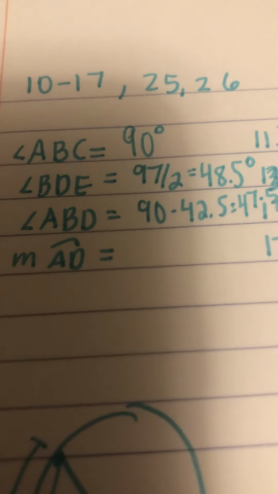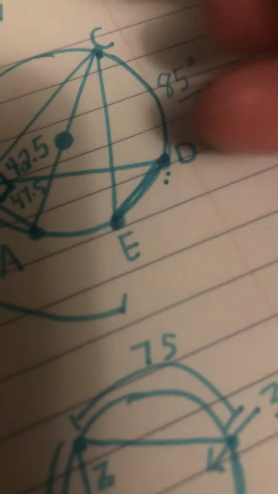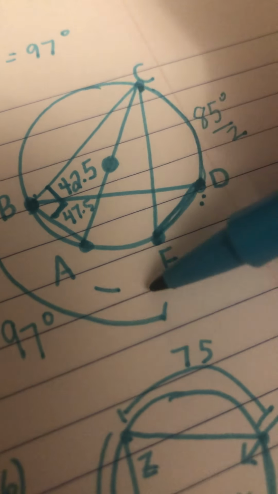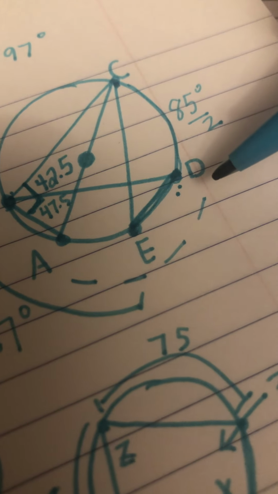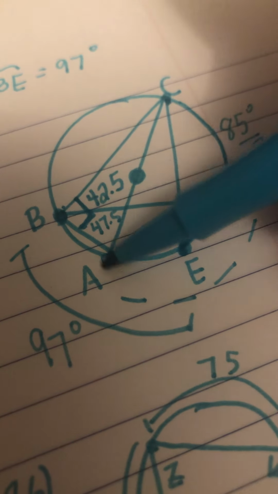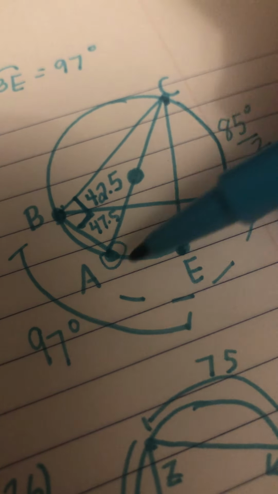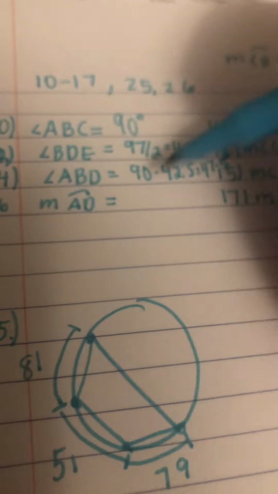All right, and then the last two are arcs, so we have to work a little opposite here. They want us to find this arc all the way from A to D. Looking at this 47.5 angle, it's intersecting at A and D, so I just double 47.5 times 2, which gives me 95 degrees.